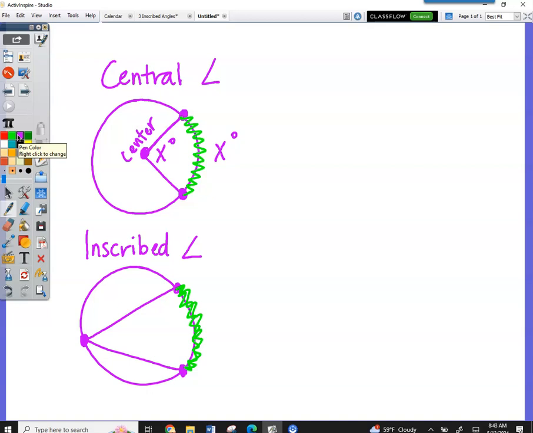All right, so I'm going to show you something. We said that the angle was x, then the arc would be 2x. Okay, how are you going to remember, number one, which one is 2 and which one's half? How are you going to remember that central is equal and inscribed's not equal?